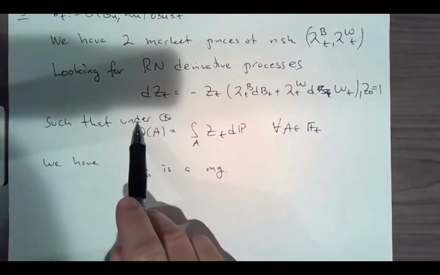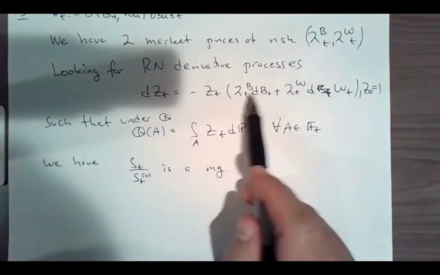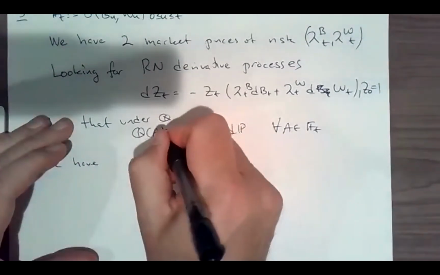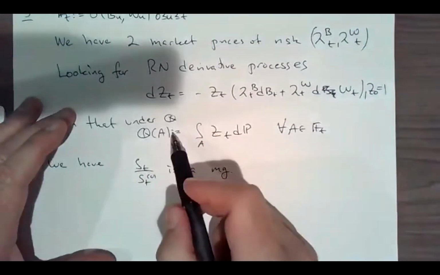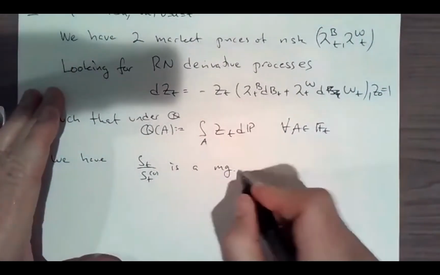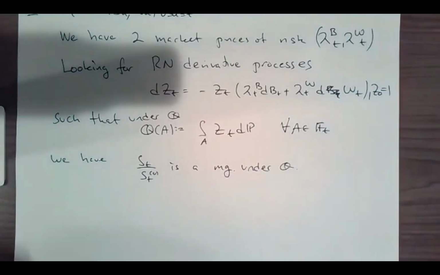And then you're going to create the measure. So as soon as you tell me what these 2 processes are, you told me what CT is, right? Okay. And then you're going to get your Q, right? So given these CTs, you're going to get a Q out to satisfy this. And then you want this measure to be such that this is a martingale under Q.